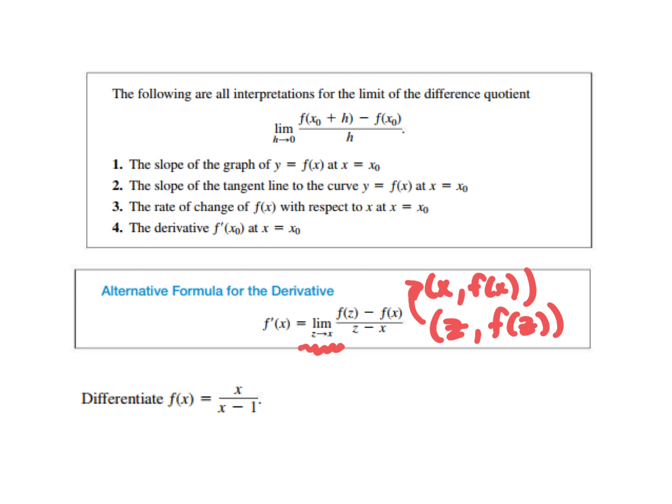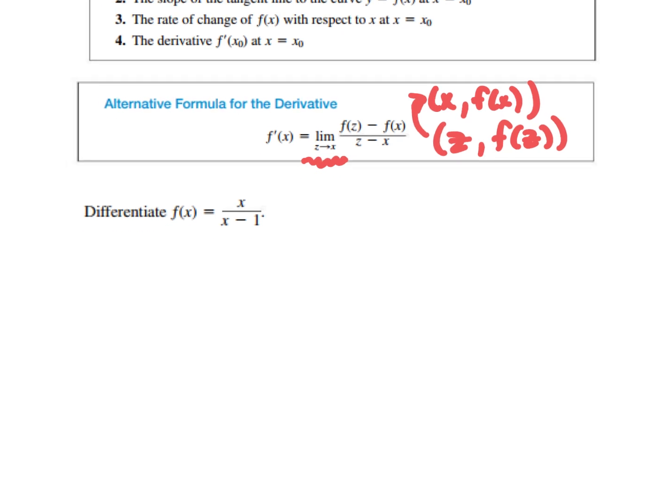This particular formula seems to work well when you have things like square roots or when you have rational functions, such as we have here. So again, we have a word, but it's a new word. We said that differentiate means take the derivative.